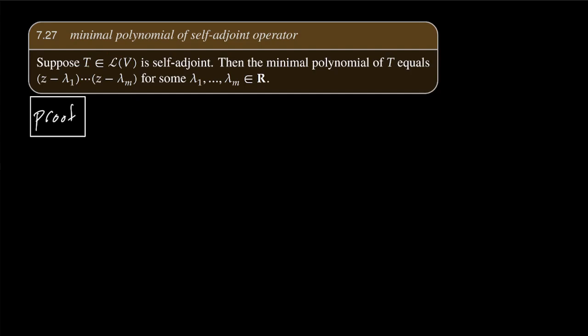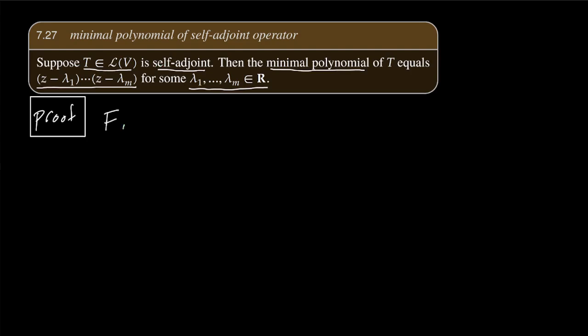All right. What we're going to say is, hey, you've got a self-adjoint operator on an inner product space V. Then our claim is that the minimal polynomial of this guy factors completely into terms z minus lambda 1 through z minus lambda m for some lambda 1 through lambda m in the reals. Okay, notice we haven't even picked V to be a real vector space.